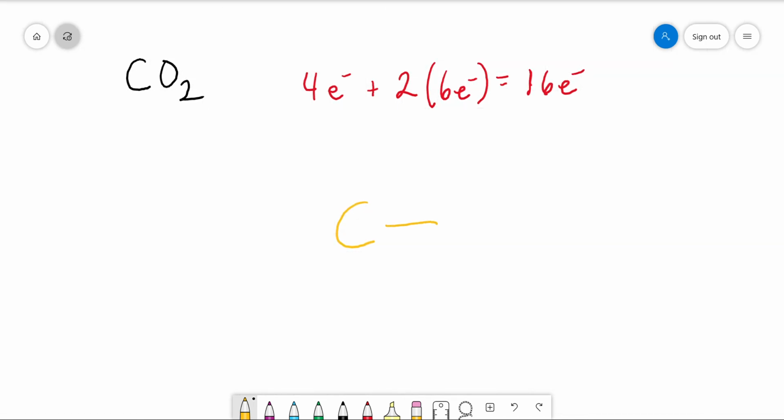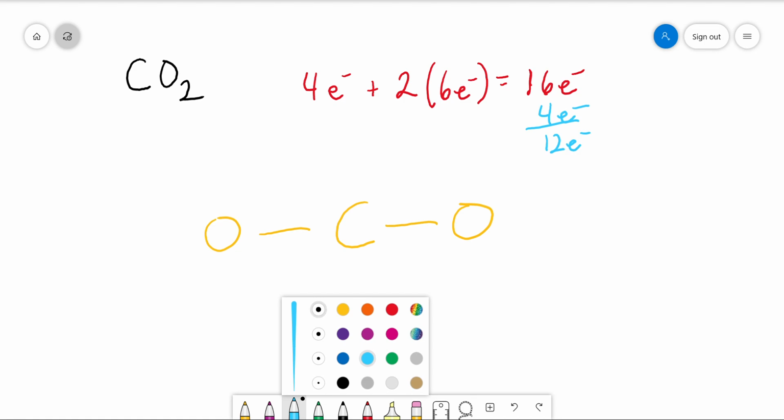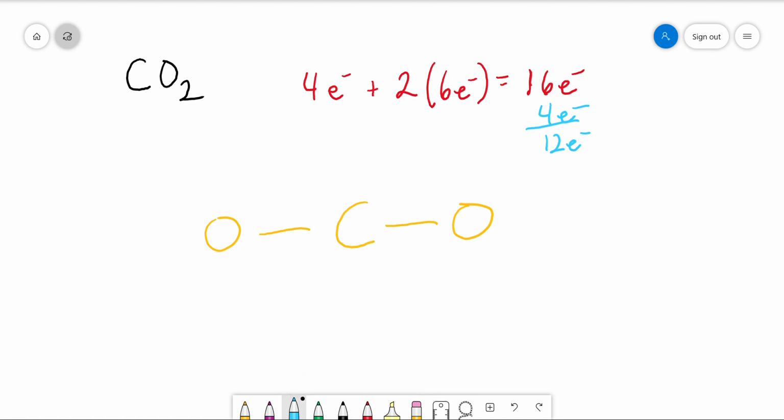Now a bond to each terminal atom. Well, I don't know why I'm making this so big. Doesn't matter. There we go. Now how many electrons do I have remaining? Well, I just used 4 of my 16, so I have 12 electrons remaining. Now all I have to do is put those down as pairs on my terminal atoms. 2, 4, 6, 8, 10, 12.